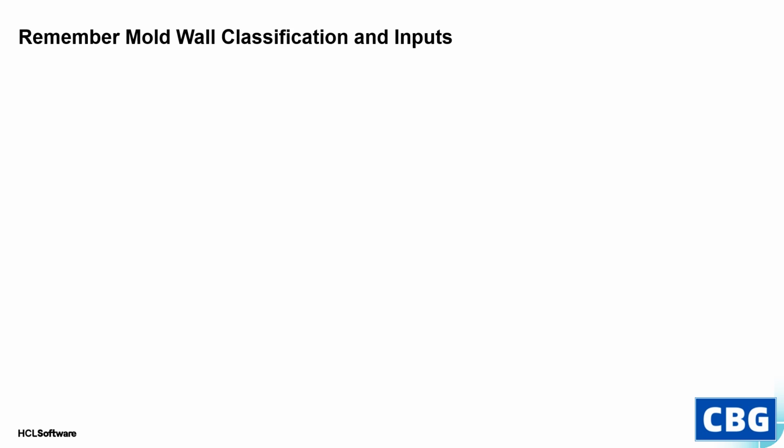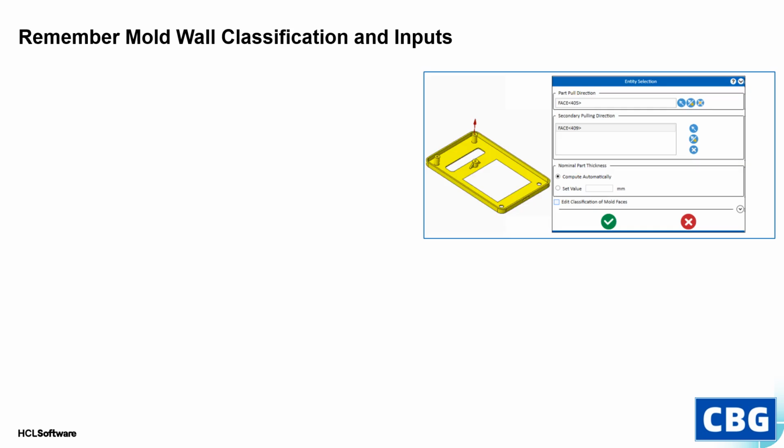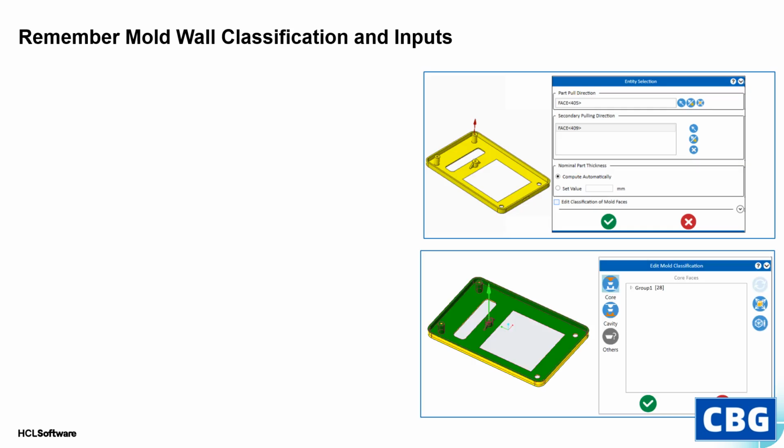However, occasionally secondary pulling direction and reclassified mold faces are required. DFMPro allows additions and modifications to the pulling direction specified in the entity selection page that is shown in the screenshots here. Similarly, mold wall classification can be done by selecting the edit classification of mold faces checkbox at the bottom of the page.